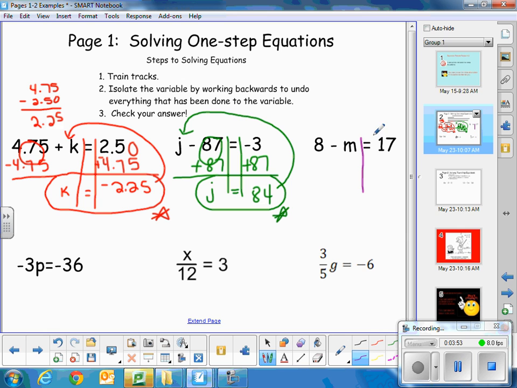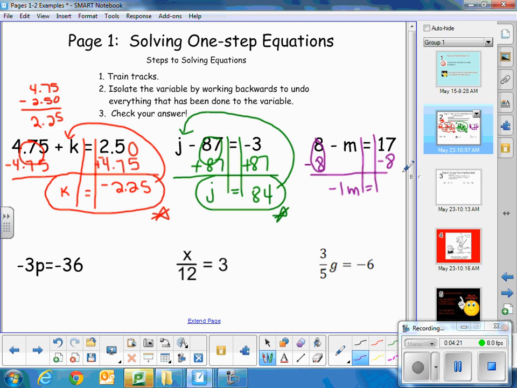This next one has something in it that might trick you, so pay close attention. If we want to get m by itself, we need to get rid of this 8. To get rid of a positive 8, you want to subtract 8 from both sides. When I subtract 8, the 8 will disappear on the left, but I'm not left with m, I'm left with negative m, or a negative 1m.